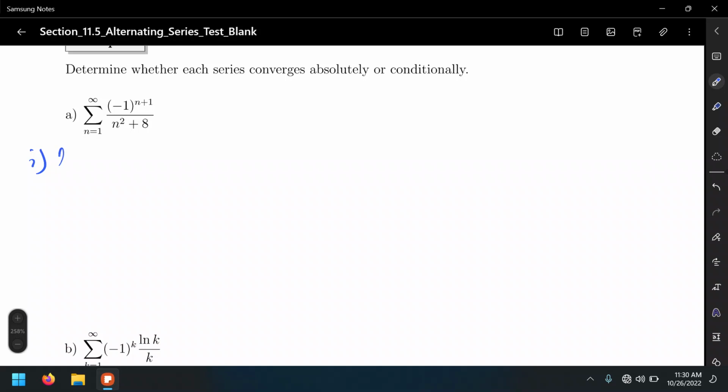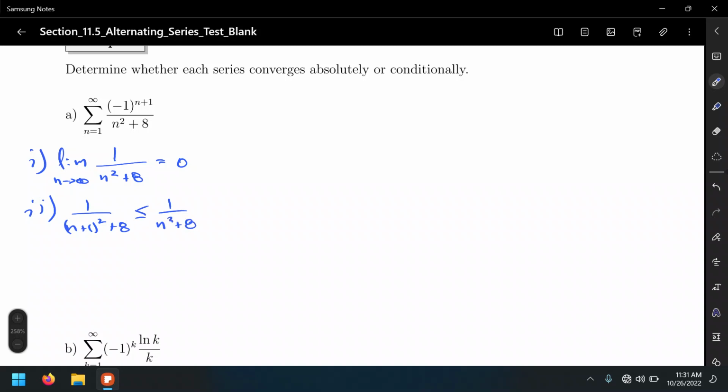So number one, we have to check the two conditions. That is the limit of 1 over n squared plus 8, actually without the alternating factor (-1) to the n plus 1. What is this limit equal to? 0. First condition is satisfied. Second condition: 1 over (n plus 1) quantity squared, plus 8, less than or equal to 1 over n squared plus 8.